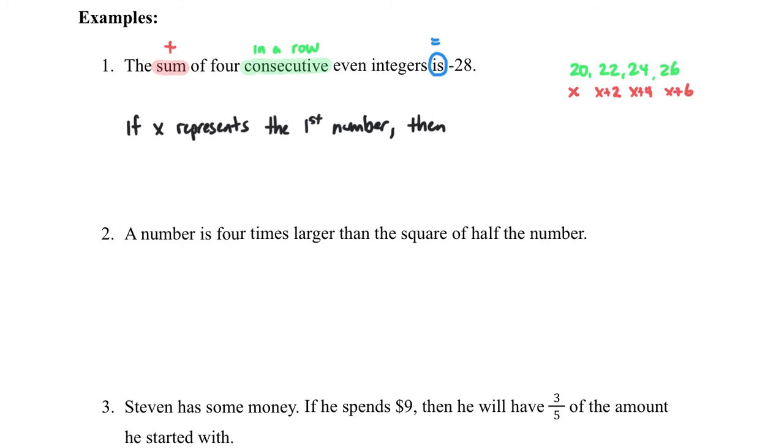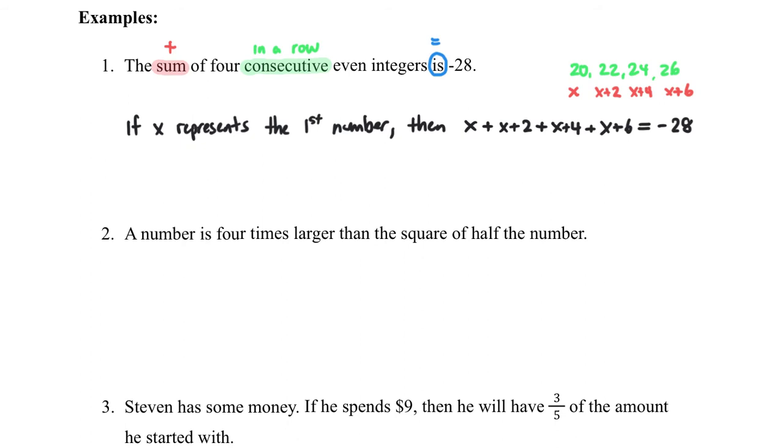Add 6. So when I go to write my equation, these are the 4 unknowns that I'm adding together. So x plus (x plus 2) plus (x plus 4) plus (x plus 6) equals negative 28, because it says that the sum is negative 28. And that's how we do these.